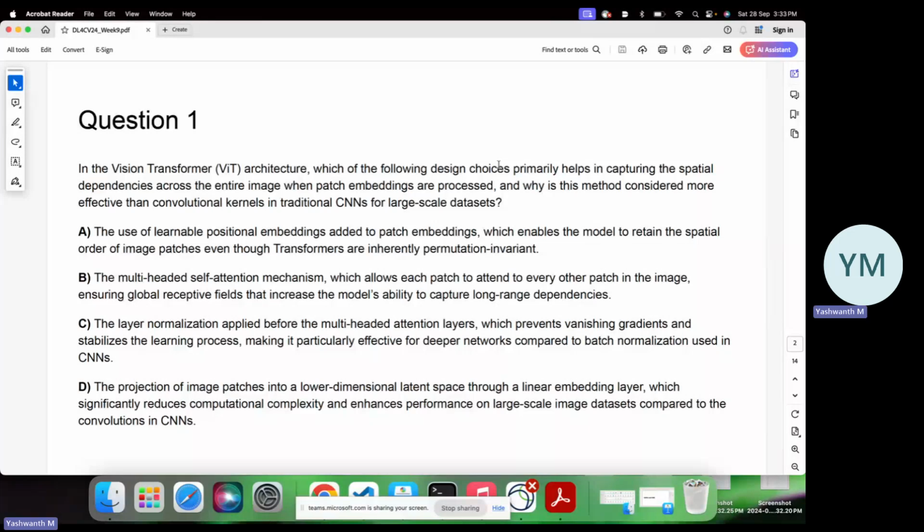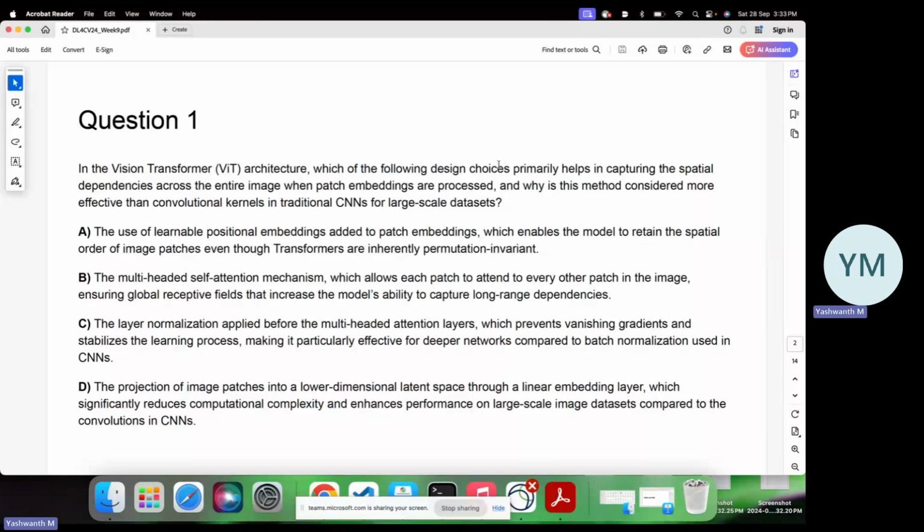Option B is the multi-headed self-attention mechanism, which allows each patch to attend to every other patch in the image, ensuring global receptive fields that increase the model's ability to capture long-range dependencies. Option C, the layer normalization applied before multi-headed attention layers, which prevents vanishing gradients and stabilizes the learning process, making it particularly effective for deeper networks compared to batch normalization used in CNNs.